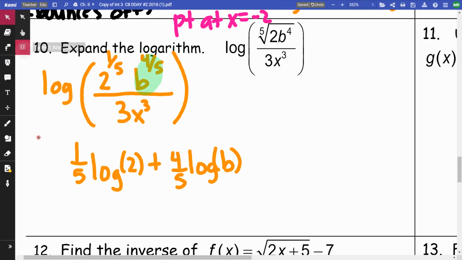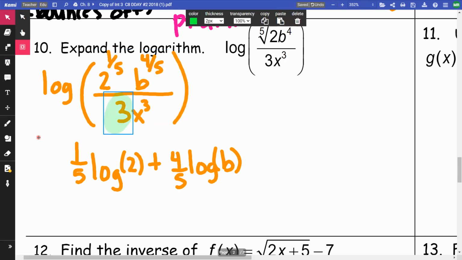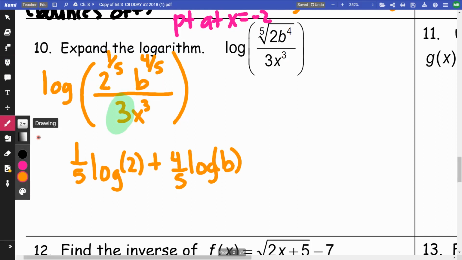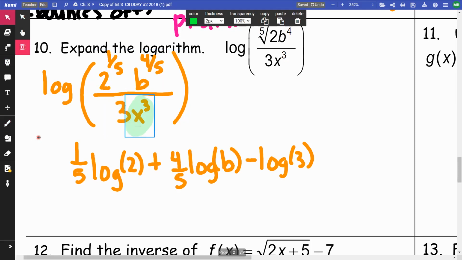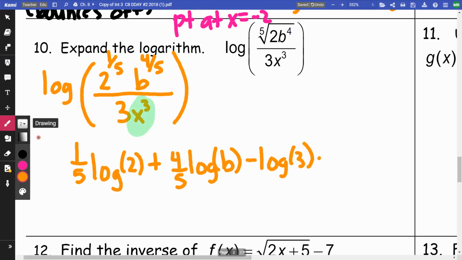And then when I'm dealing with this 3, I'm going to have minus log of 3. And then when I'm dealing with this x cubed, I'm going to have minus 3, because of the power that moves in front, log of x. And that's my answer.